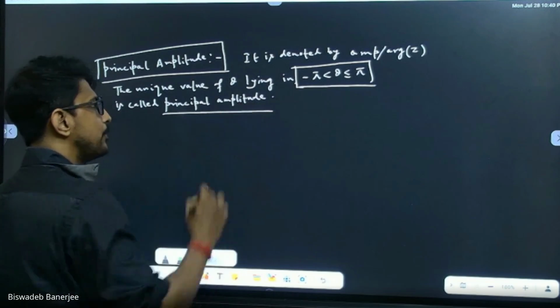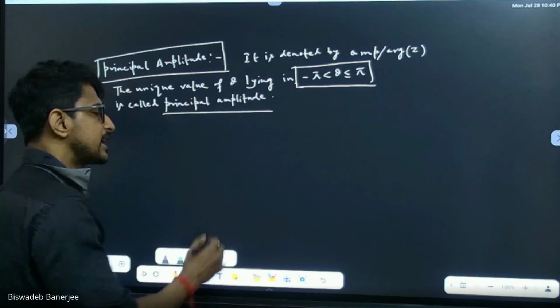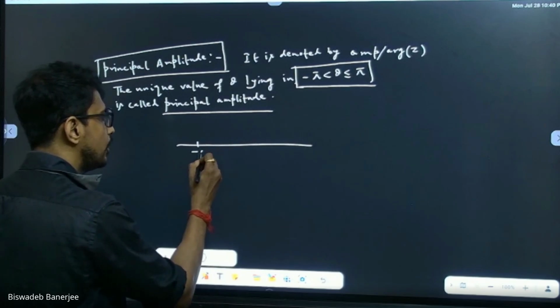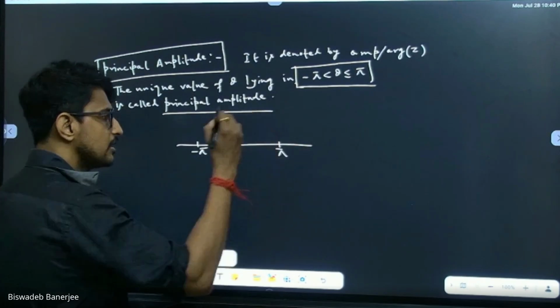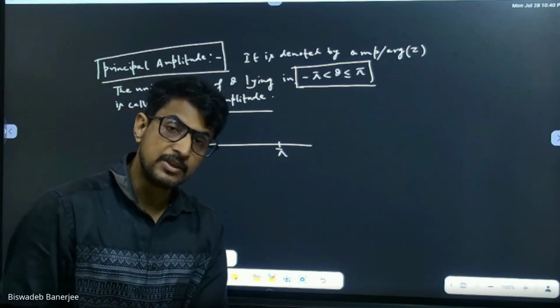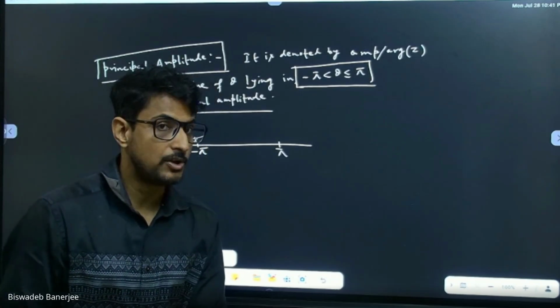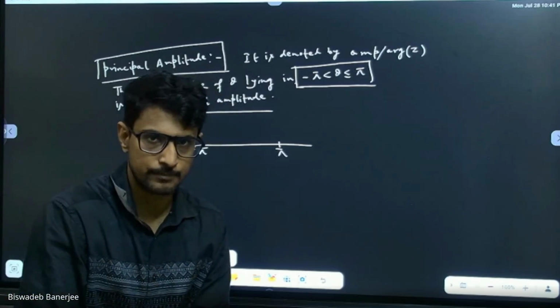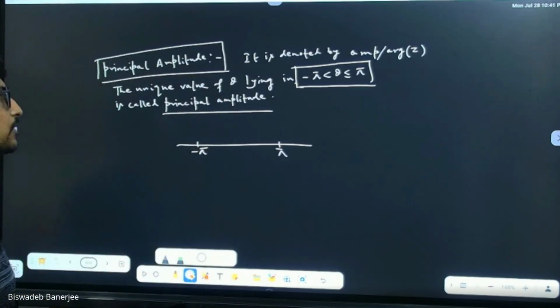That is said to be principal amplitude. That means there can be so many values of theta, but we shall take the value of theta between minus pi and plus pi. That value of theta is said to be principal amplitude. And I again repeat, amplitude means we always take principal amplitude. Okay. This is my concept of principal amplitude.